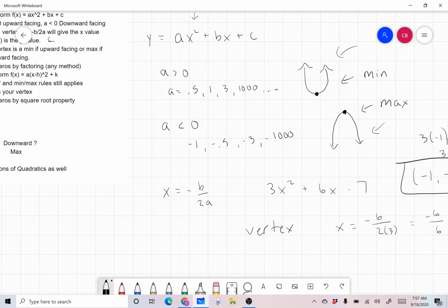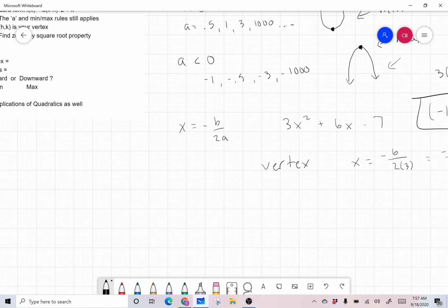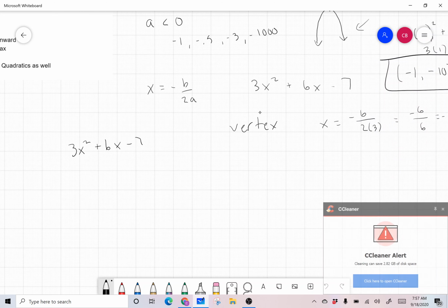Okay. Finding the zeros. Well, you guys have done this before. So if you wanted to do this, 3x squared plus 6x minus 7. This is not going to be nice. We have many ways we can do this. We could try factoring.